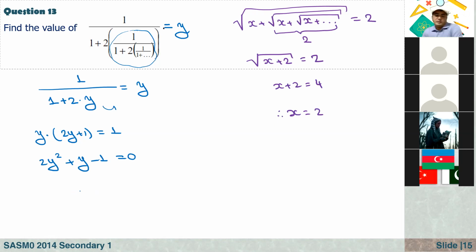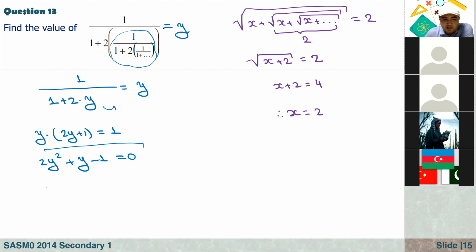Okay, how do you solve this question? All right, guys, we didn't study the quadratic equation, but you learned how to factorize the equation, right? I will just factorize it like this.